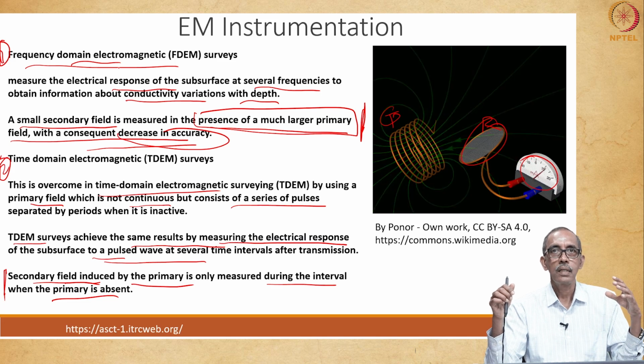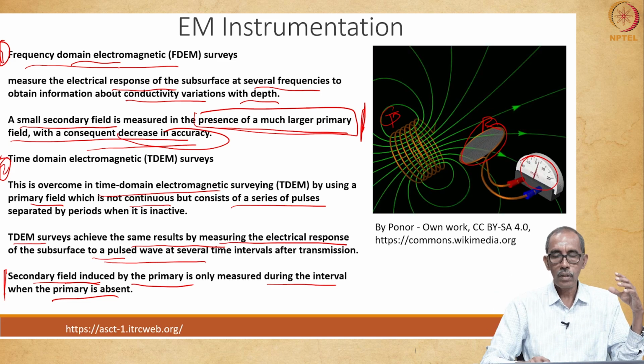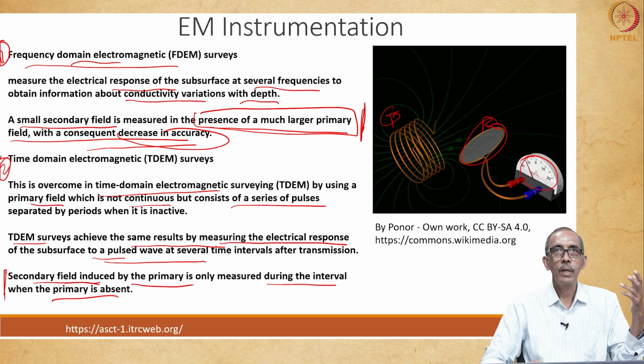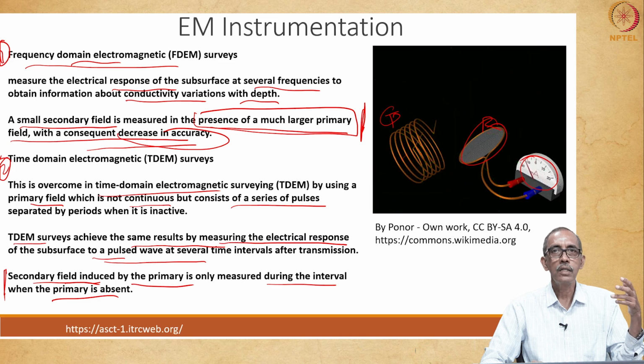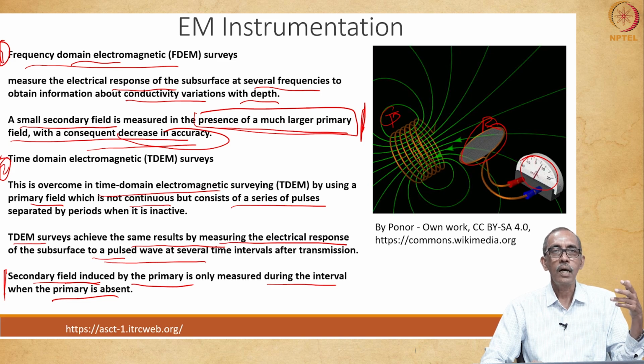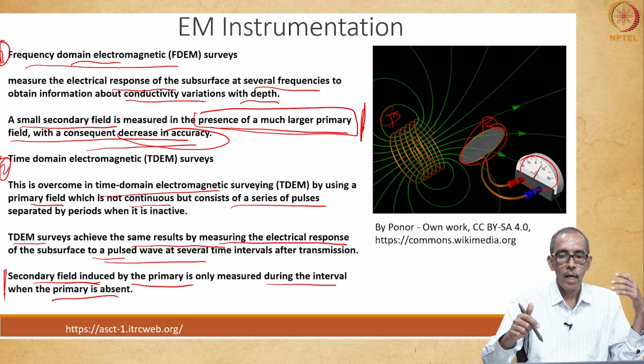In both ways, surveys are being carried out. Today, depending upon the requirement, we either use frequency domain or time domain. Time domain is considered to be a little more advantageous because of this issue.